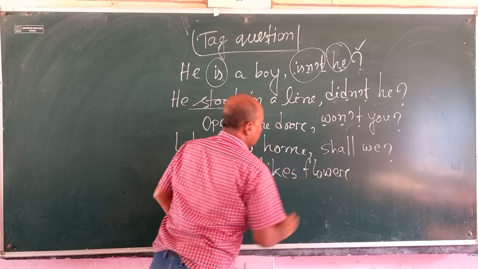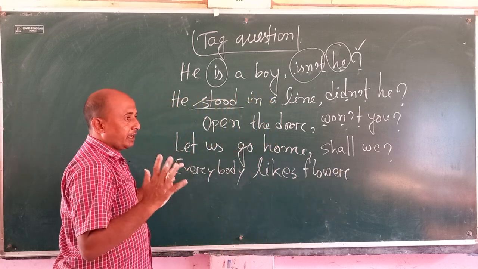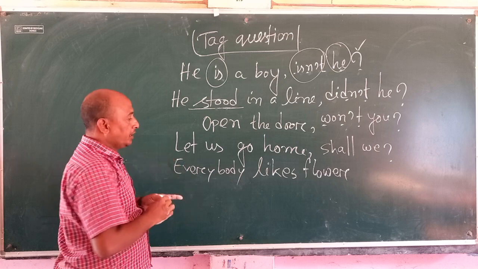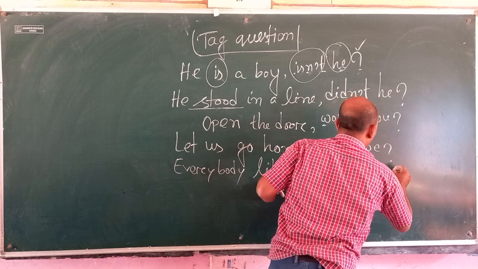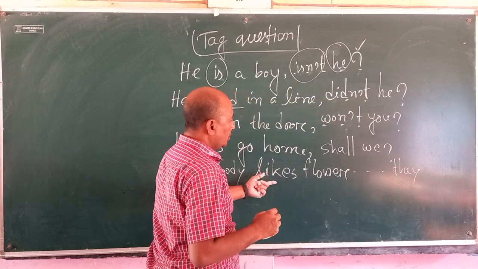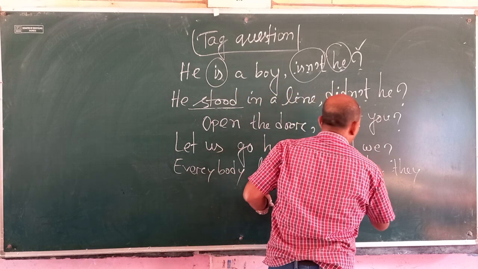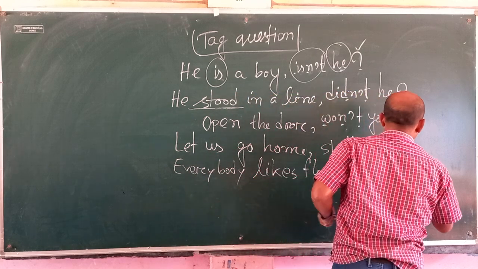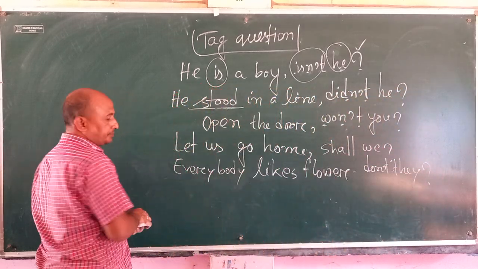If we see the subjects are everybody, anybody, anyone, everyone, none, nobody, we must use the pronoun they, and according to the sentence we shall write the auxiliary verb: don't they. This is an affirmative sentence, and at last we write the question mark of the sentence.